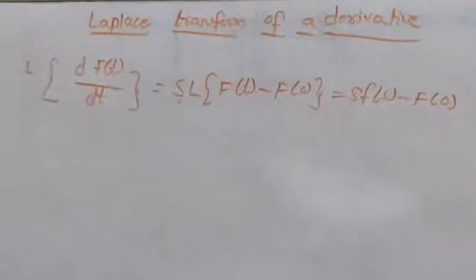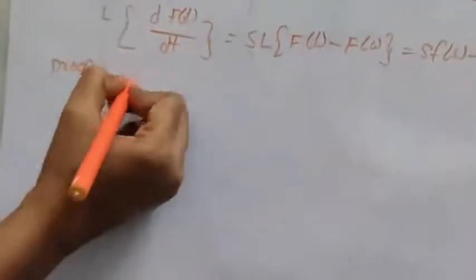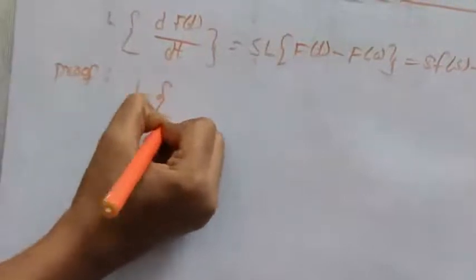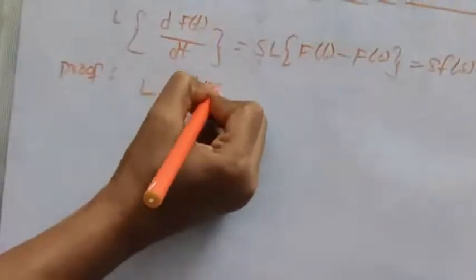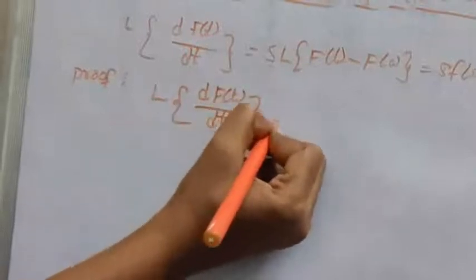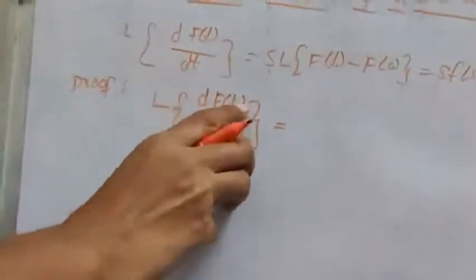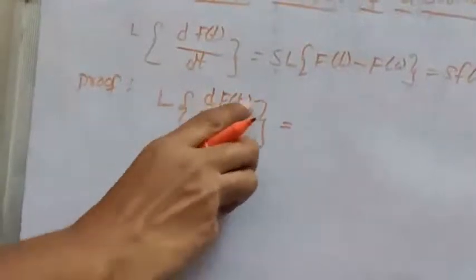Now to prove this, first consider the LHS. Coming to the proof, consider LHS. What is LHS? L of df of t by dt. We have considered LHS. Now you know only L of f of t. What is L of f of t?